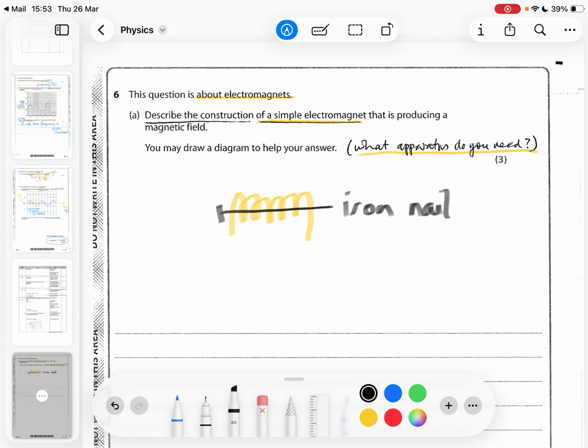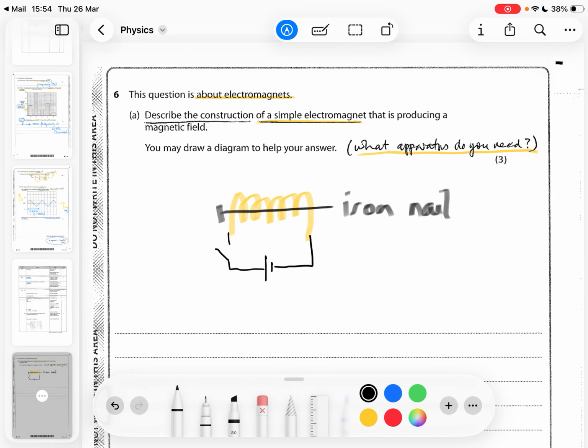Well, you need electricity. So imagine the yellow wire is the coil, and then you could attach that to a cell. And the current is flowing, and if you wanted to, you could put a switch in there so you can stop it from overheating. I don't know what they're looking for. Describe the construction. You need to label it probably.